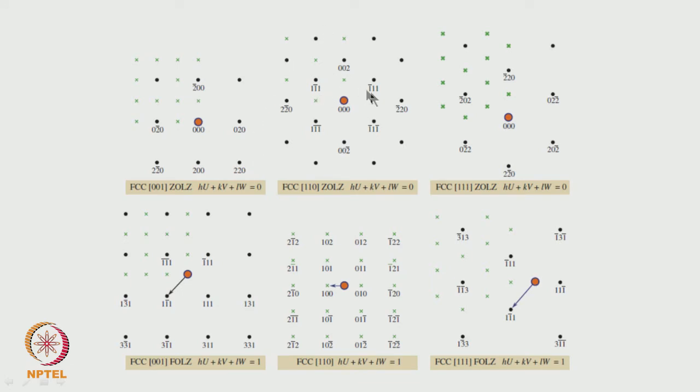The reciprocal lattice section corresponding to the first order Laue zone, if I take it. Okay. This is for the 001 zone, this is for 110, this is 111 type, and this one corresponds to the first order Laue zone, how the spots will come. Okay.